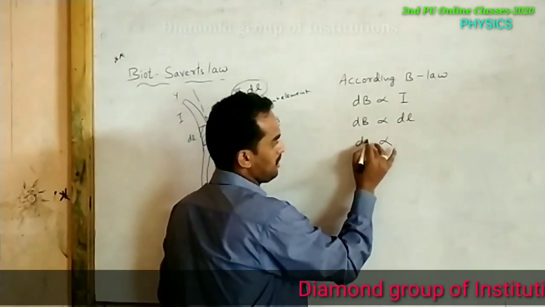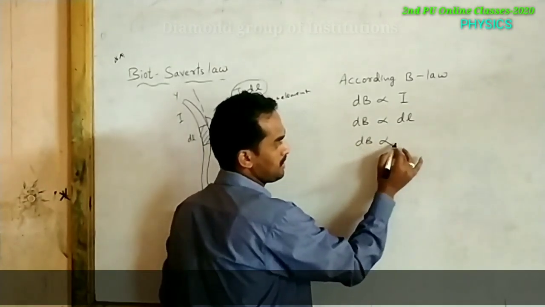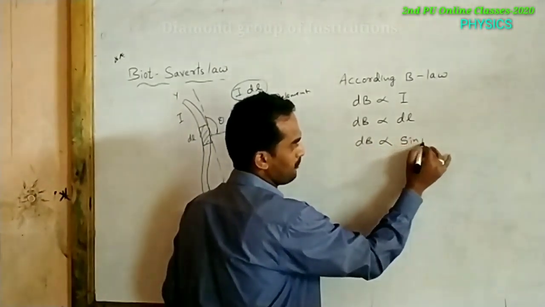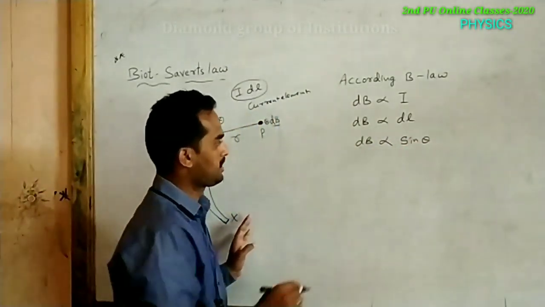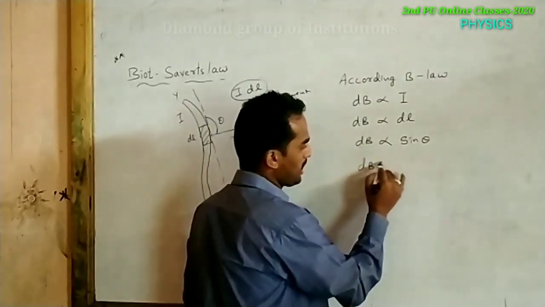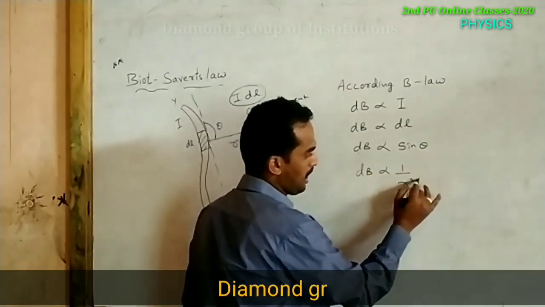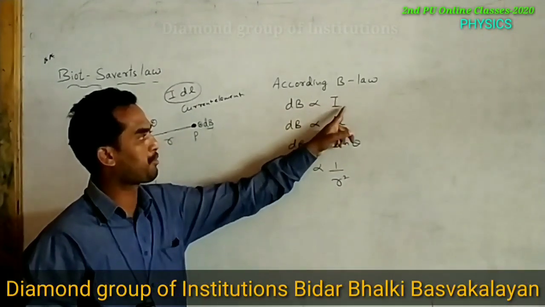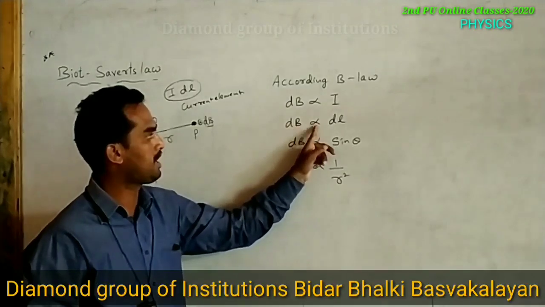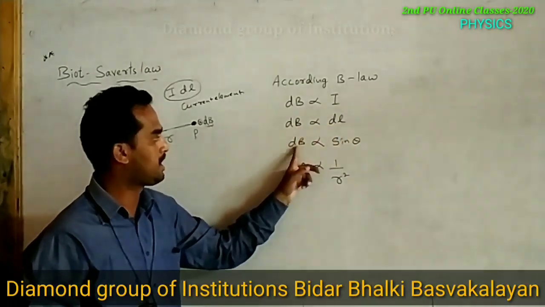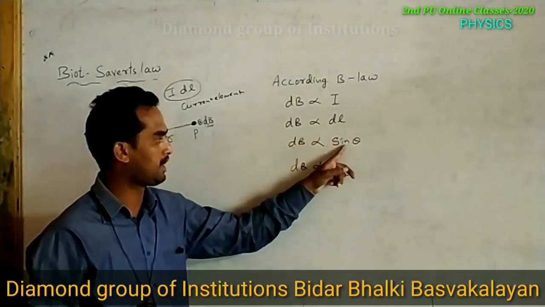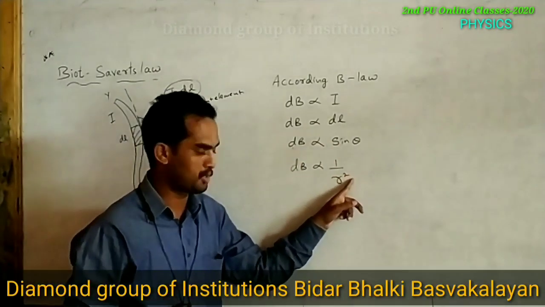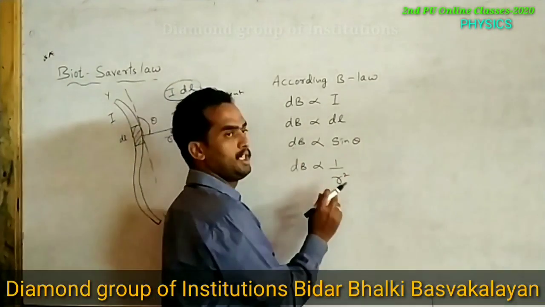Next, this magnetic field is directly proportional to the sine of the angle. Next, it is inversely proportional to r square, the square of the distance. So dB is directly proportional to I, dB directly proportional to dl, dB proportional to sine theta, and dB inversely proportional to the square of the distance.